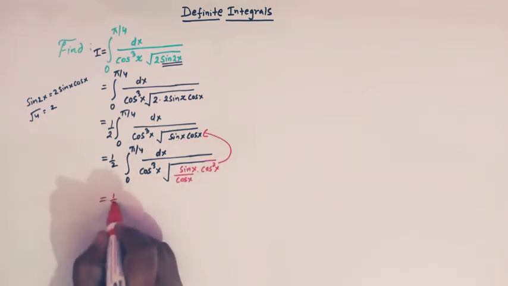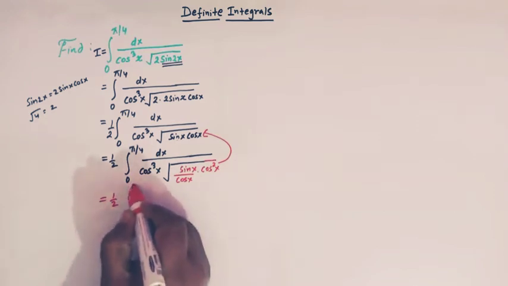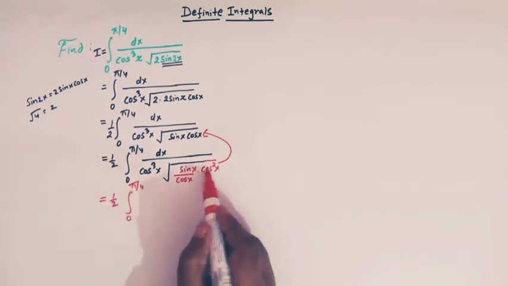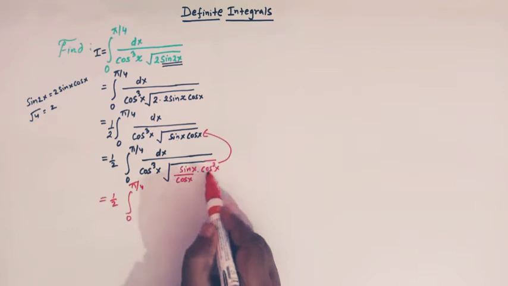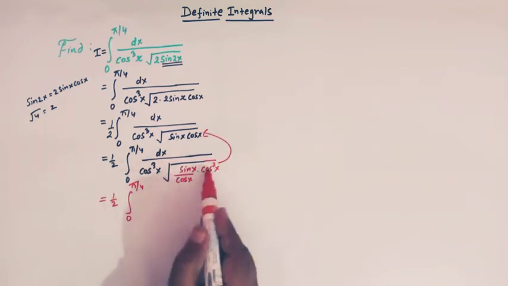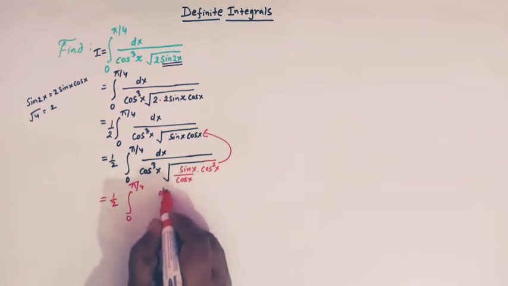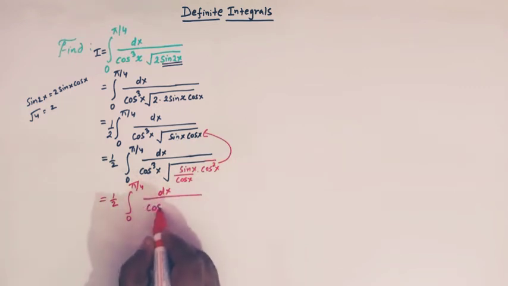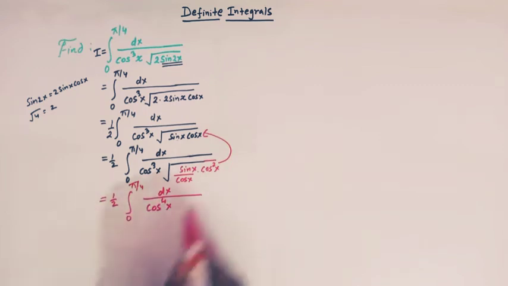Now we have half, and the term cos square x comes out of the square root sign, so we have dx, and here we have cos raised to 4 of x.